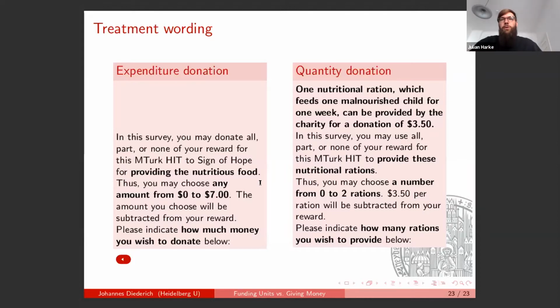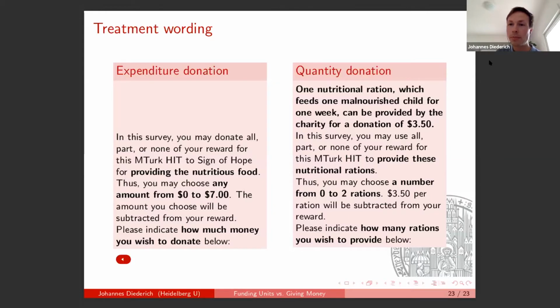But here I see the wording actually says providing the nutritious food. So it seems that for the participants, they know where it really goes. Yeah, right. So we really tried to avoid differences between the treatments with respect to overheads, that in the money treatment it's maybe used for overheads more than in the unit donation scheme. Yeah, perfect. That answers it. Thank you.